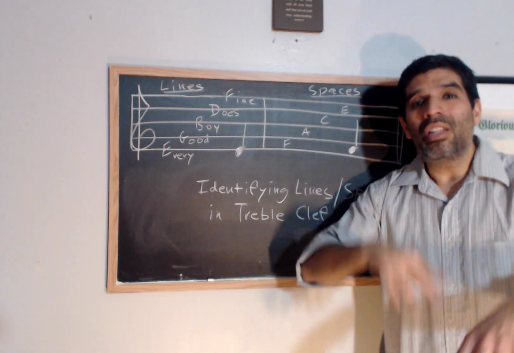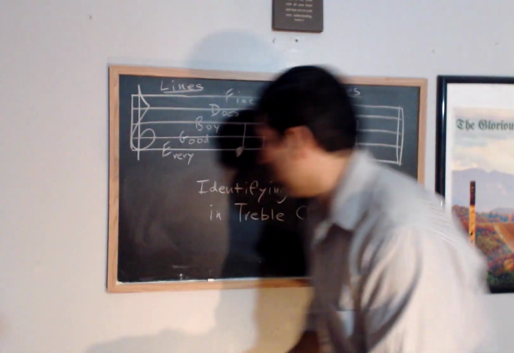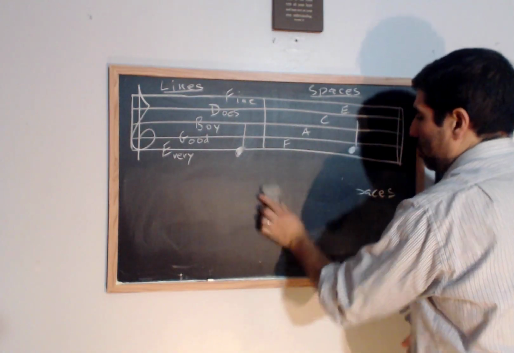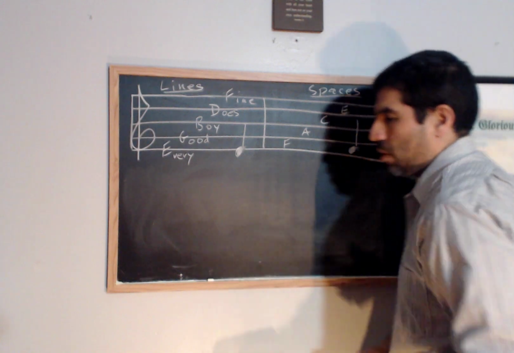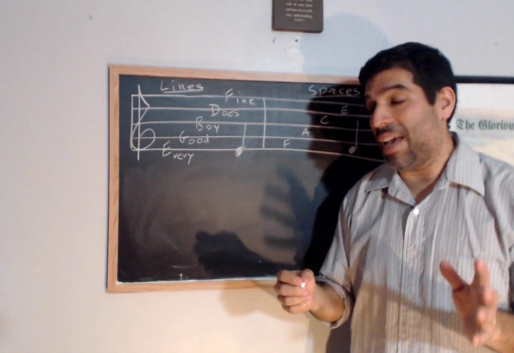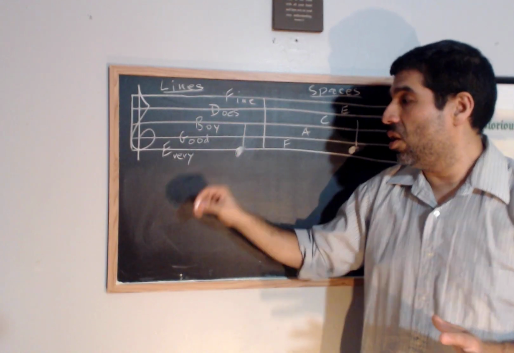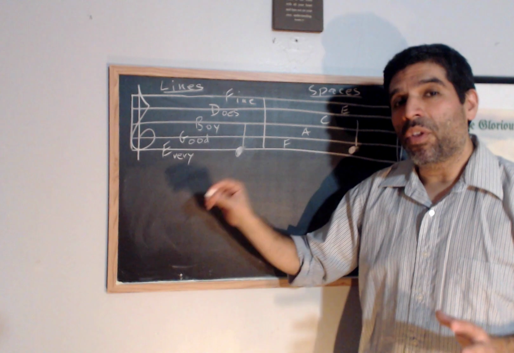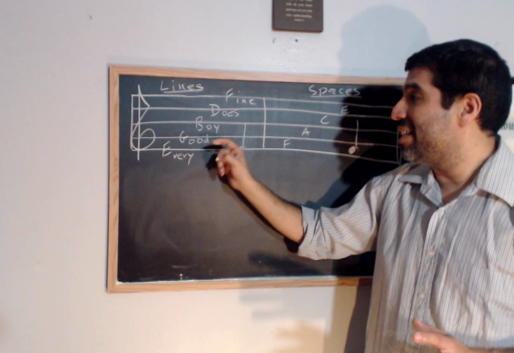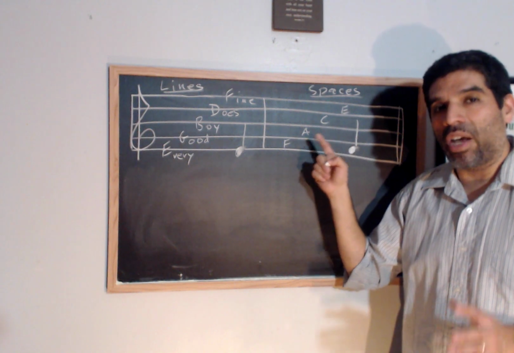So let's do a couple. Watch this. I'm going to erase this. We're going to do a couple of examples over here. I'm going to draw up another treble clef staff so that we can identify the notes using those formulas right in front of us.